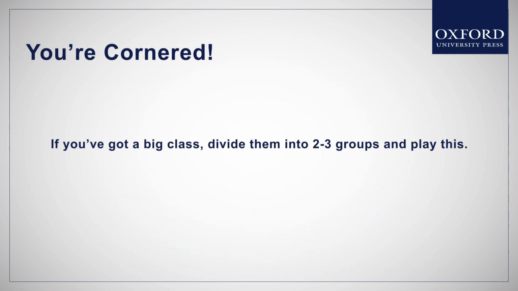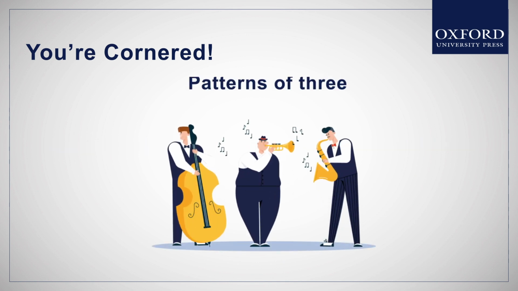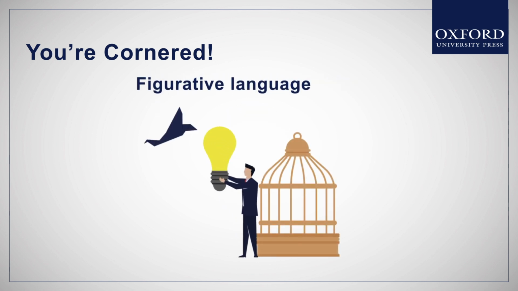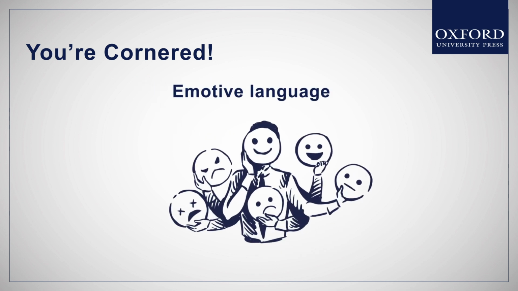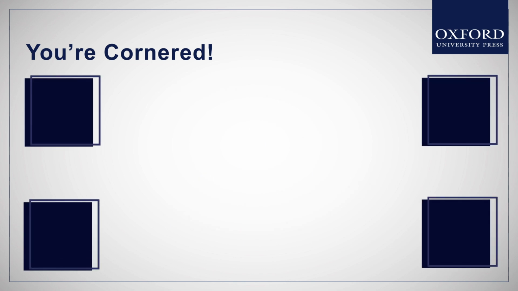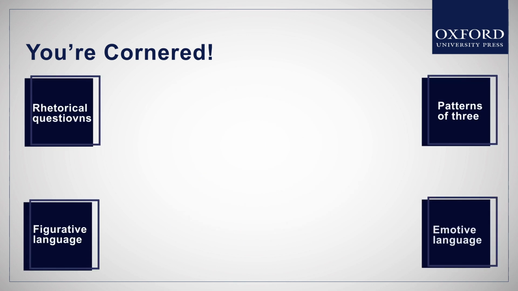Here's a game you can play in the classroom. It's a really fun activity. So once they've learned the patterns of three, once they've learned how to use rhetorical questions in persuasive writing, figurative language, and they have also learned how to use emotive language, what we can then do is have 4 corners, and we can label these 4 corners: patterns of three, rhetorical questions, figurative language, and emotive language.